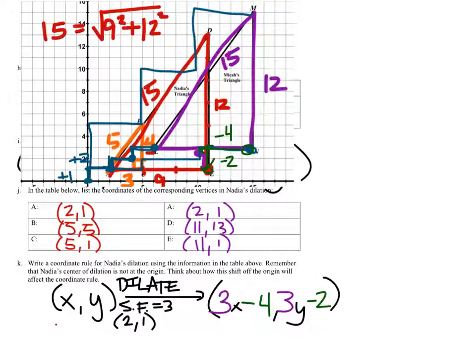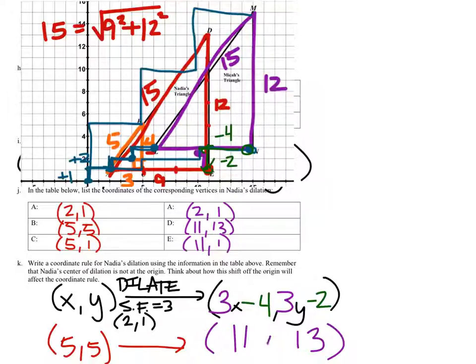So in the rule, we're going to start with 5, 5. We're going to dilate it by this rule. And this would be 3 times 5 minus 4, which is 11. And then 3 times 5 minus 2, which is 13. And that is the coordinates for, well, B prime, which would have given us D.